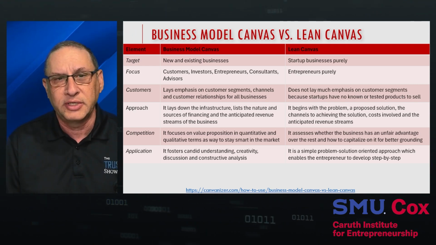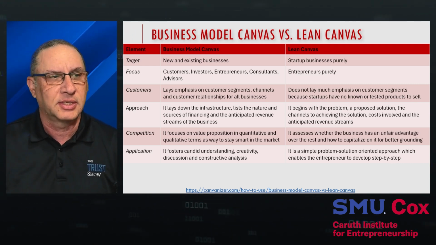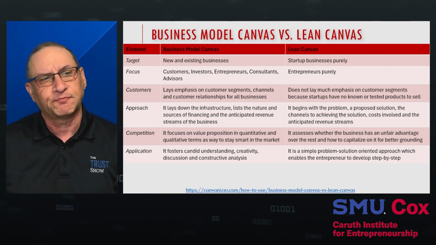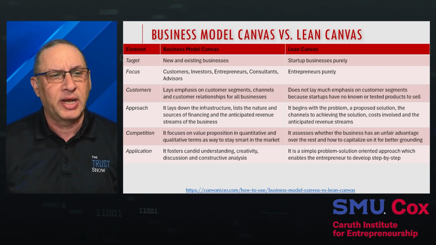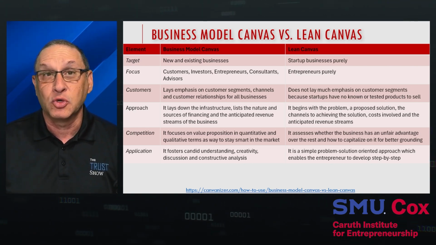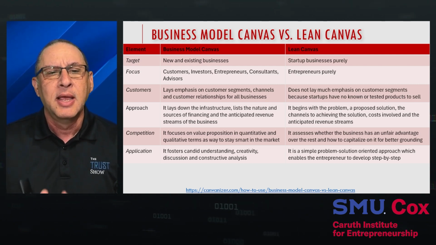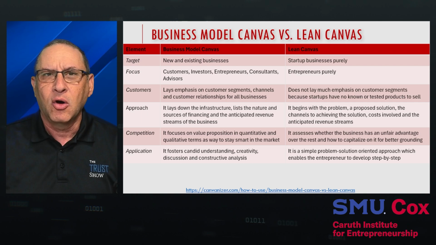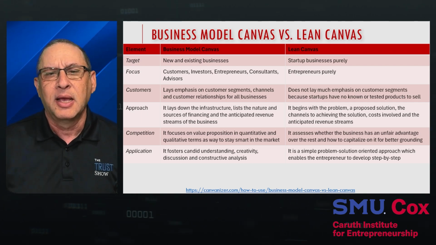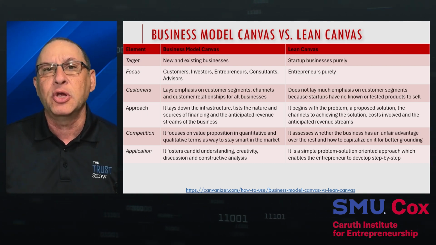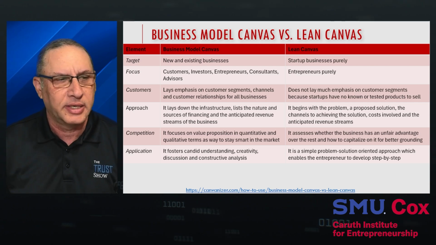So it's made for the entrepreneurs, not for others in general. With the business model canvas, we lay the emphasis on the customer segments, the channels, customer relationships in all the businesses. Here, not so much on the customer segments, as much as the early stage customers, the early adopters.